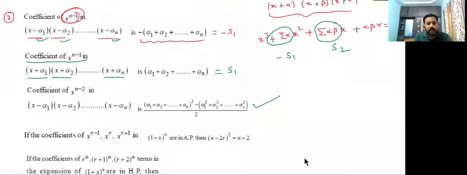The coefficient of x^(n−2) in this expansion is [(α1 + α2 + and so on + αn)² − (α1² + α2² + and so on + αn²)] divided by 2. That means S2 only.